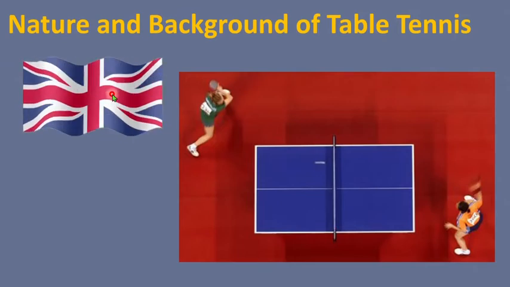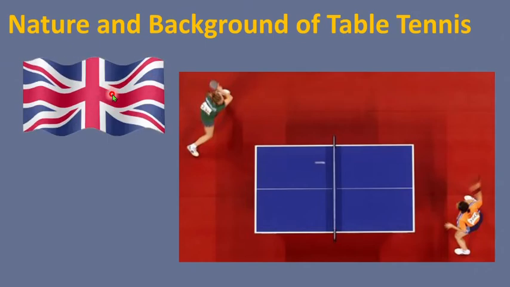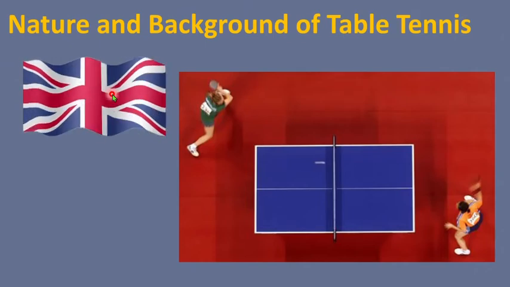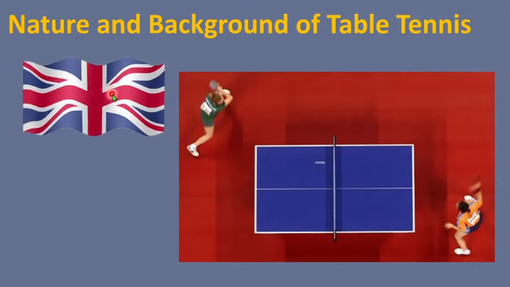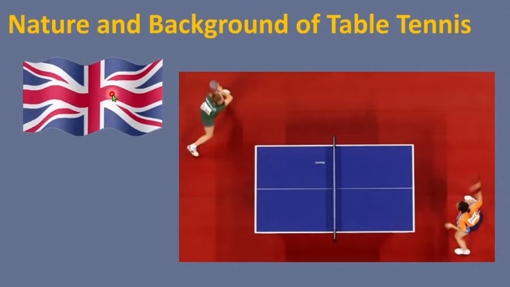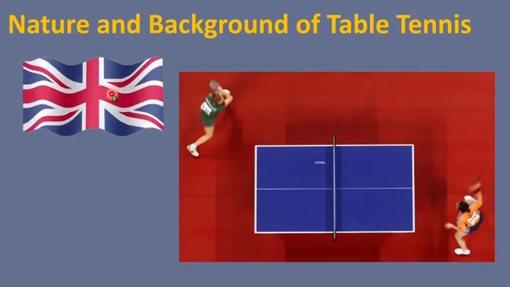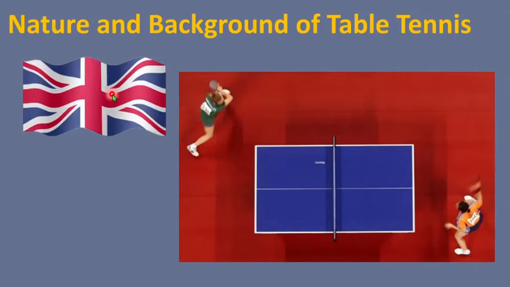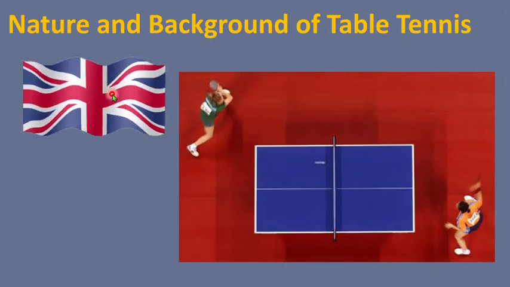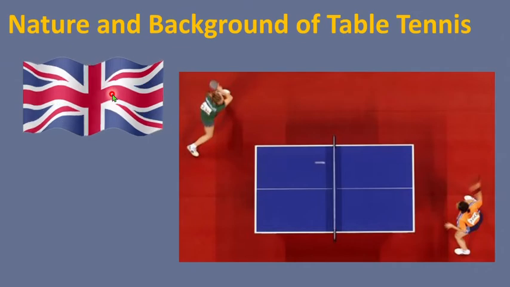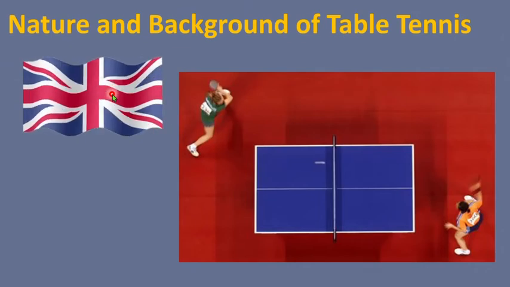It became a popular sport, not just in England, but in the whole world. Table tennis is considered one of the most widespread racket sports. We have racket sports like lawn tennis, table tennis, and badminton and other sports.